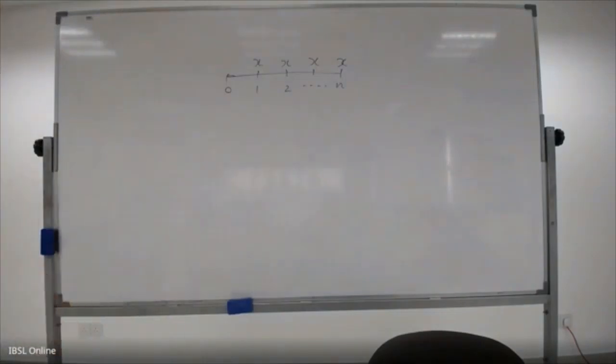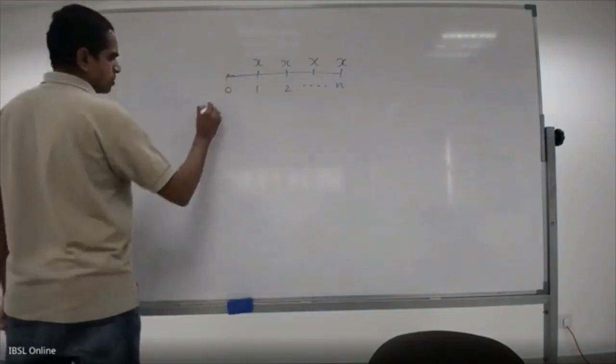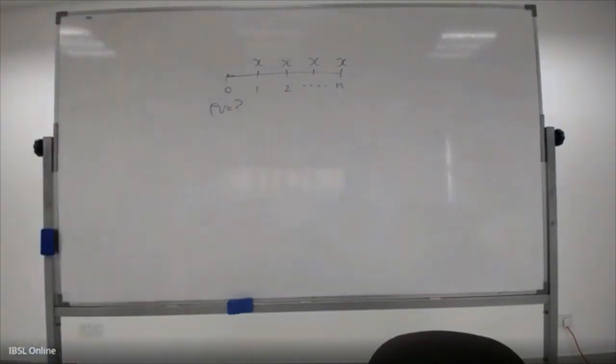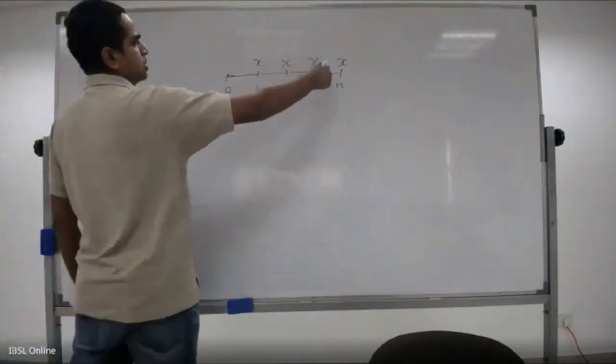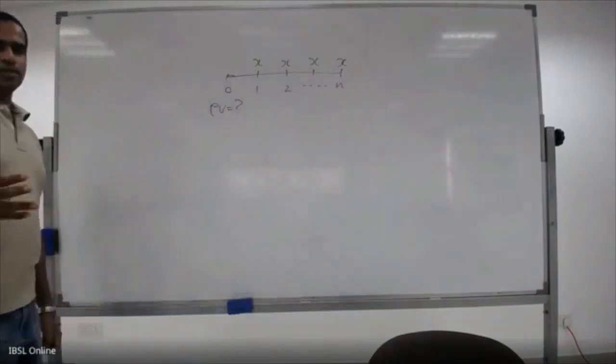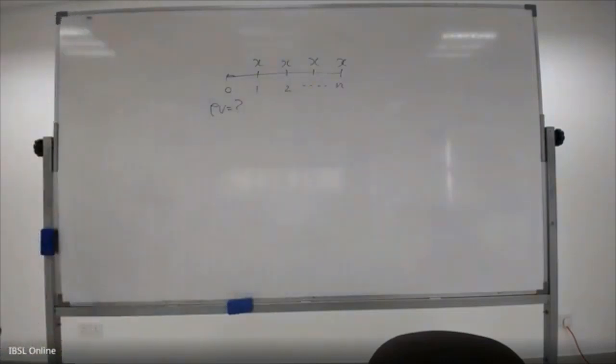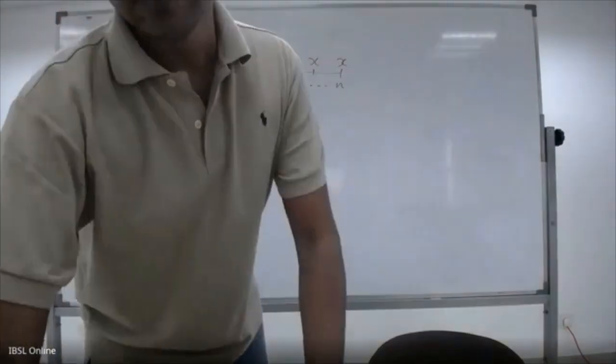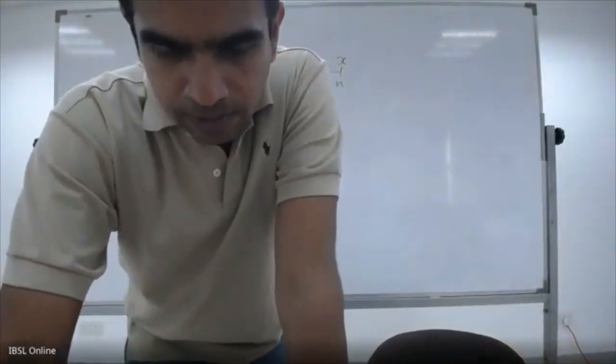And if you need to calculate the present value of this, how to calculate it? Because all of these cash flows are cash flows that you receive in the future, not today. So you can calculate the present value of an annuity using the equation given here.